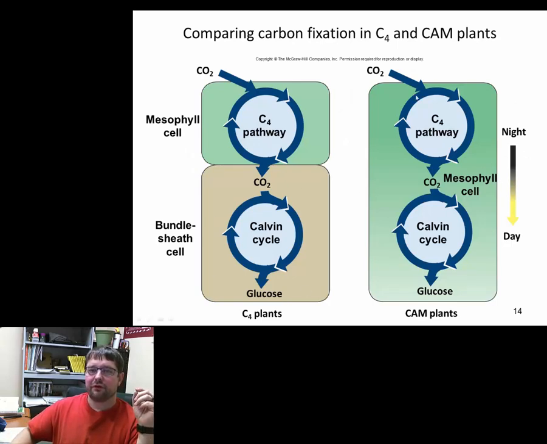They just do these at different times of the day, okay? And it's a little bit different pathway, but both C4 plants and CAM plants are much more efficient in arid environments than C3 plants. Okay, so this is a way that you can get around water loss and the buildup of oxygen in the plant cells.